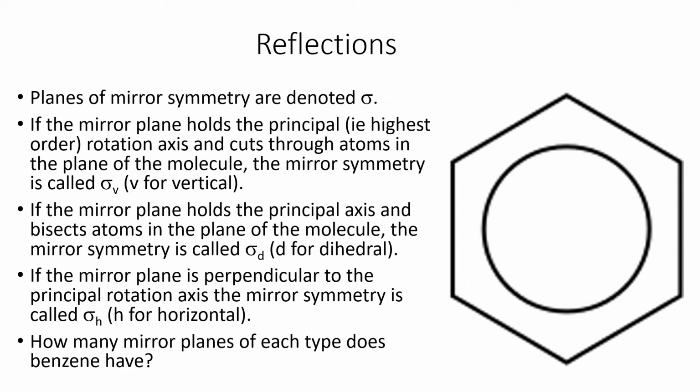Since the hexagon has 6 vertices, there'll be 3 of these planes which cut across pairs of them. And similarly, where we're bisecting the edges, because we've got 3 pairs of opposite edges, there'll be 3 of these sigma D planes. So I think that makes 7 altogether: 3 sigma V, 3 sigma D, and 1 sigma H.